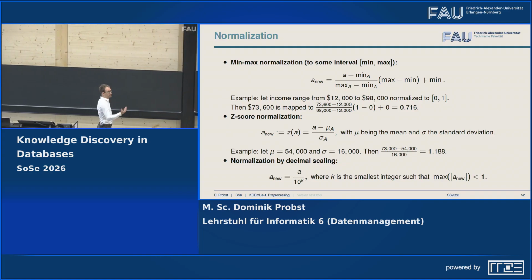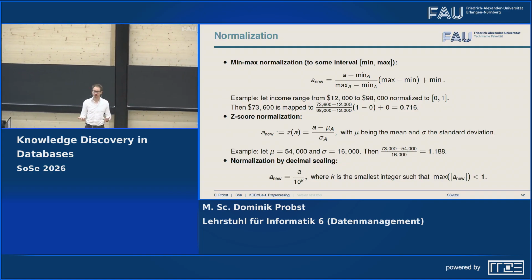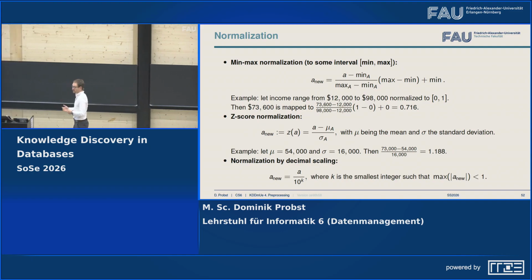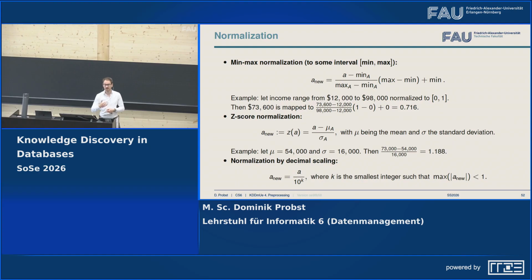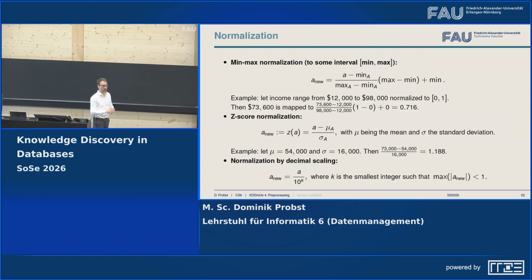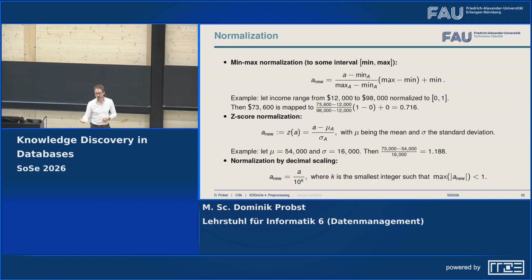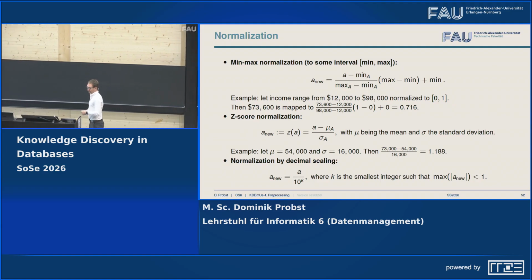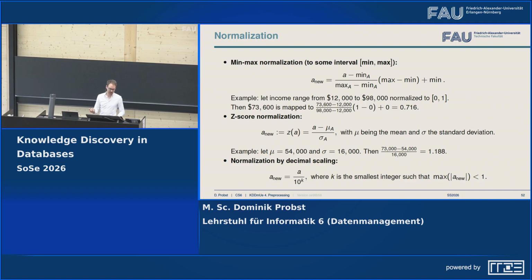The big advantage of Z-score normalization is that we get to a standard deviation of 1 for the result. So the resulting attribute has a standard deviation of 1 guaranteed, which is pretty nice for some methods. For example, for PCA. That's why we are using standardization in PCA. However, we also want some other normalization techniques.